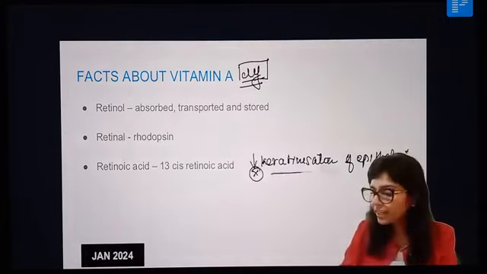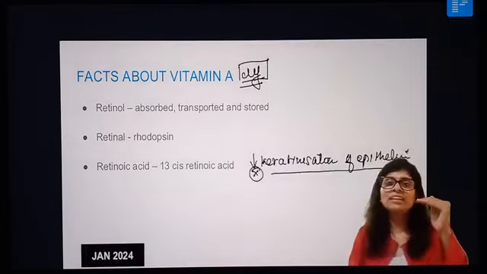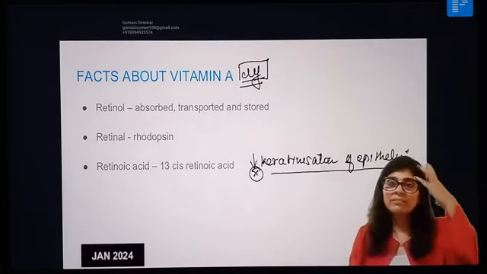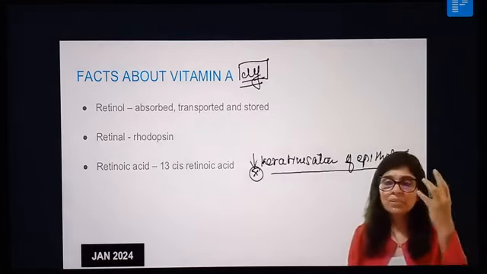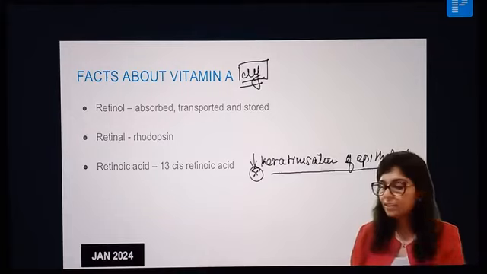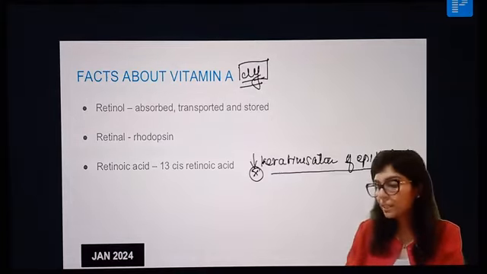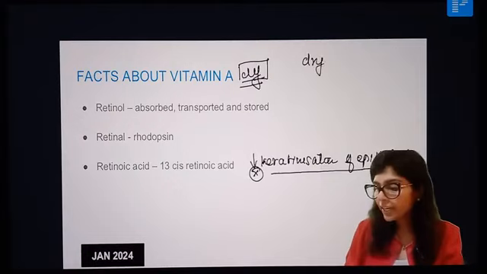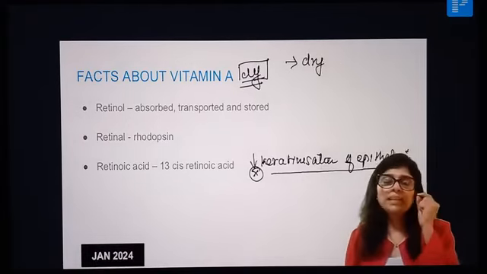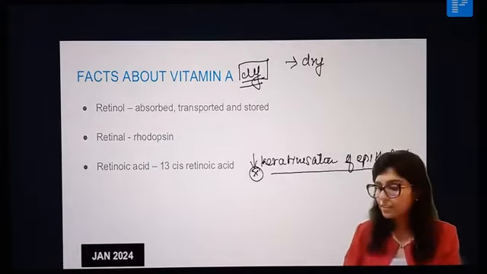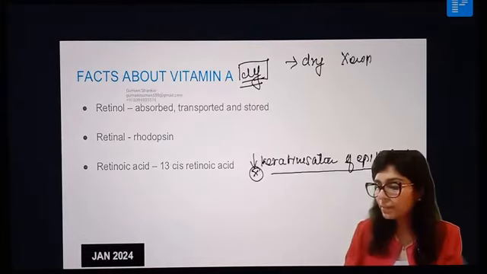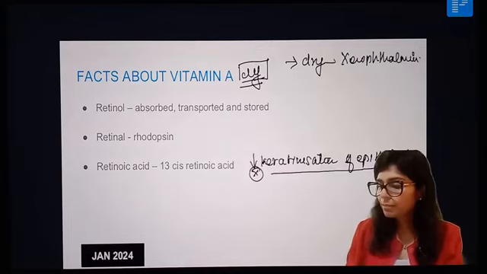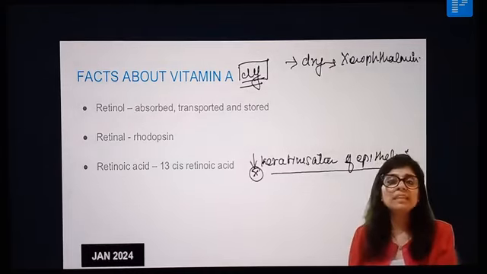Everywhere there is keratinization. What will happen when there is keratinization of conjunctival epithelium? Once there is keratinization, the epithelium will become dry, and conjunctival epithelium becoming dry is responsible for xerophthalmia.